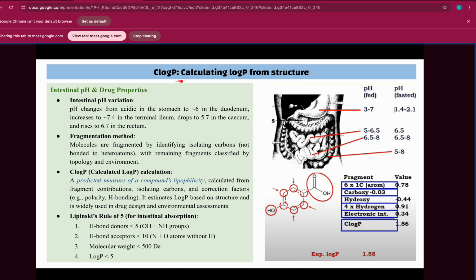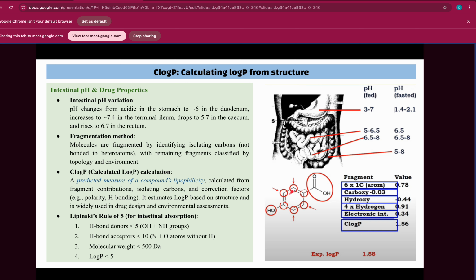In C log P, we can calculate for a particular chemical compound, based on its structure, the expected log P value, and what is the experimental log P and what is predicted, which is C log P. So we will look for the structural properties. For example, we will look for the fragment.